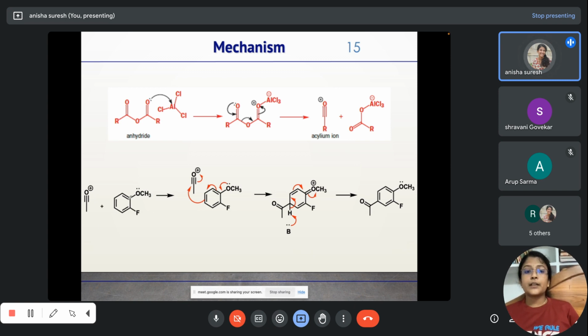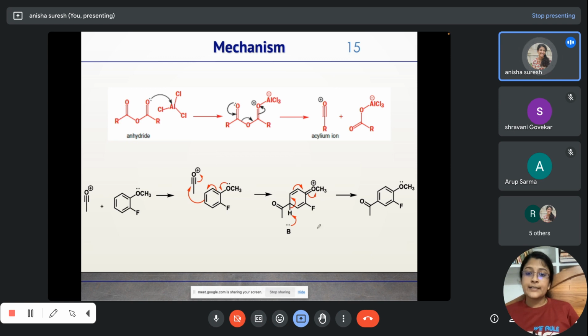So here this OCH3 will be the directing group. So the OCH3, this lone pair of oxygen, will undergo resonance effect. So this lone pair of oxygen will migrate in this fashion and at the fourth position, that is the para position, it will go and attack on this carbon atom and this positive charge on the oxygen will be neutralized.